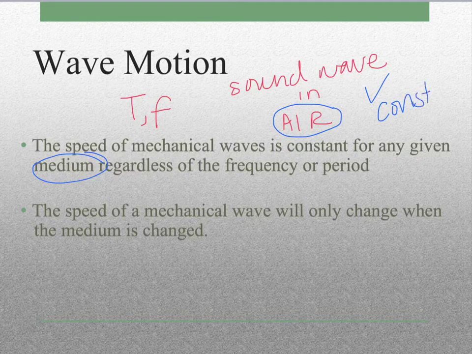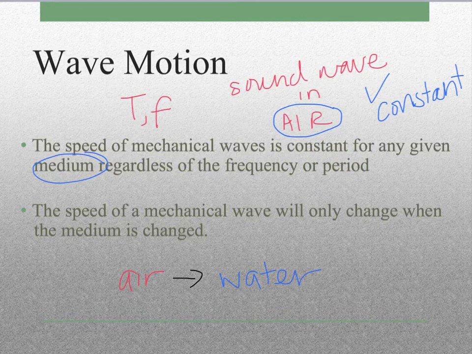It will not change. Now if the sound wave travels to water, its medium has changed, and so its speed will change. This is true for any medium and any type of wave. The speed of a mechanical wave will only change when the medium is changed, like going from air to water for sound.